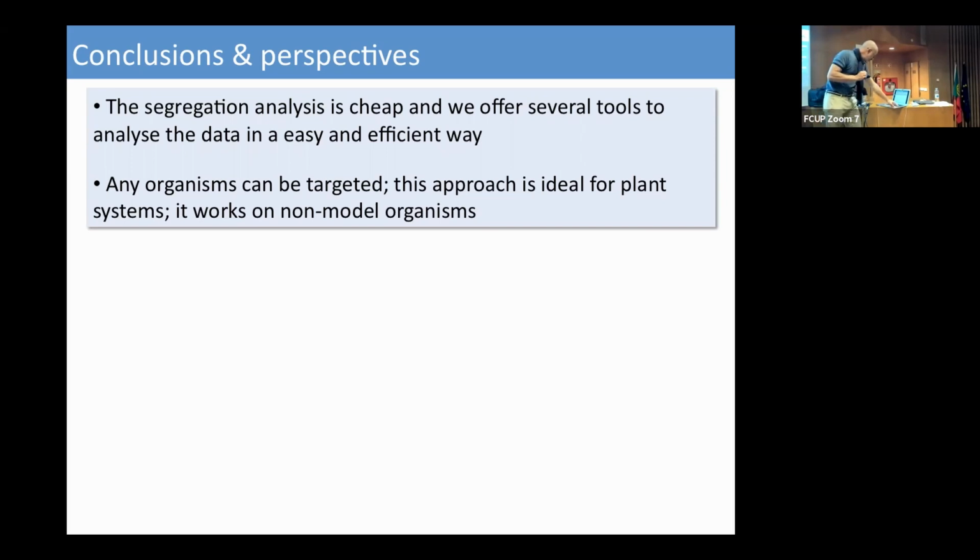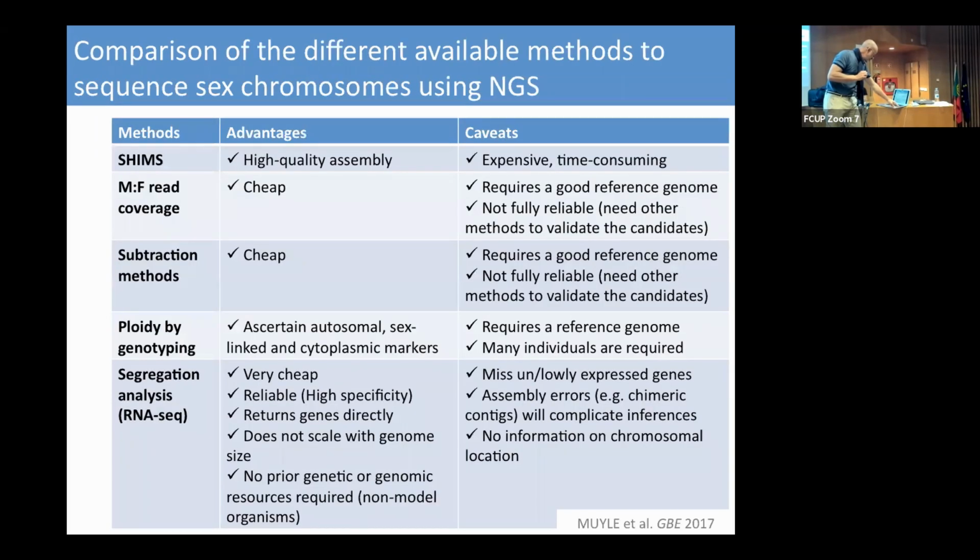The approach is really good for plants, simply because these methods, the segregation analysis methods, work better for young systems. So when the divergence between sex chromosomes is not too high, okay?